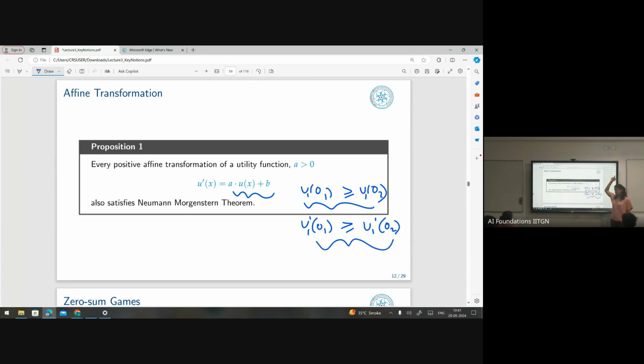Also, the utilities of lotteries will shift by the same affine transformation, so the preference over lotteries also remains the same. This is only true for affine transformations, characterized by these two constants, with A being positive.